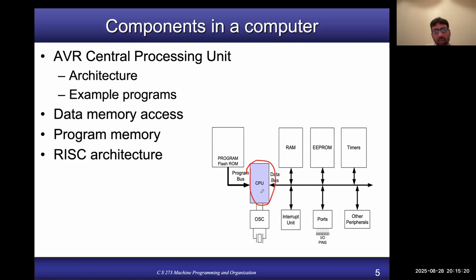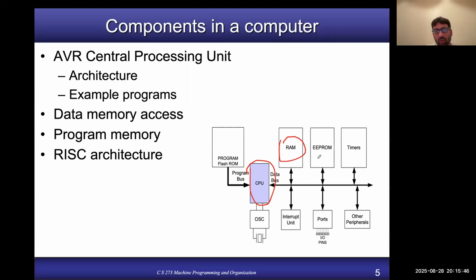We will talk about them later. Not only different registers, you also have an arithmetic and logic unit, a unit which is responsible for performing arithmetic and logic operations. Then you have data memory, which is basically RAM or static RAM. Here they have not written SRAM, but in the AVR microcontroller it is static RAM.